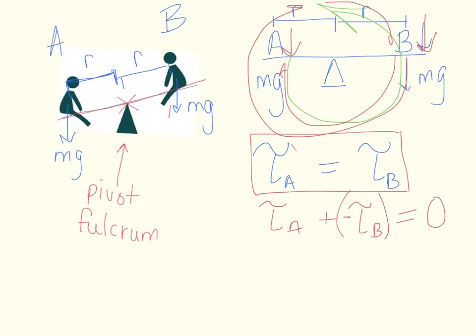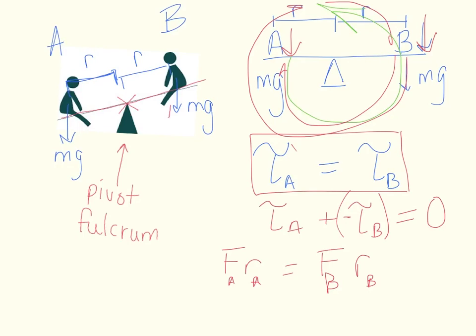So now I can write FR for object A on their side equals FR for object B on the other side. I've just substituted in their force of weight, FA or FB, mg A or mg B, and their distance, RA or RB, from the axis of rotation.